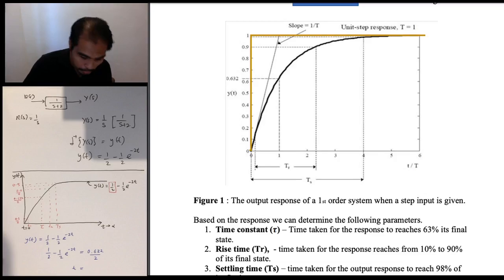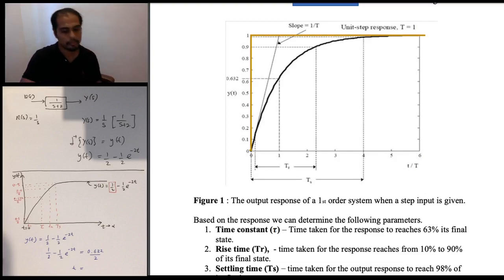t equals ln, is 0.368, I'm mistaken, 0.368. So it is just 1 second.